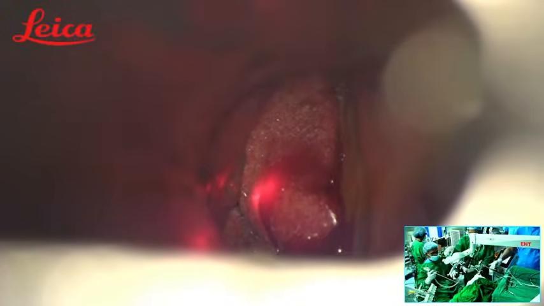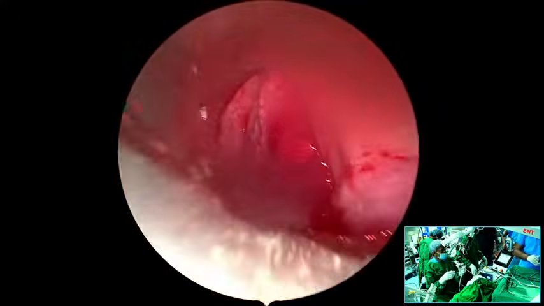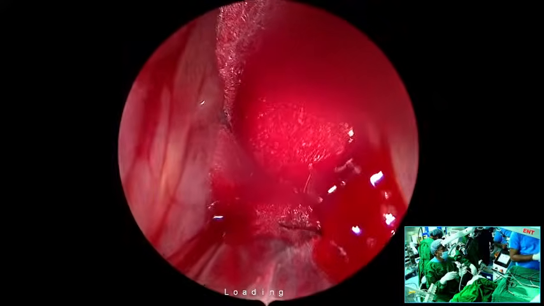In that way you can preserve the inferior border, the inferior surface of the vocal fold mucosa. Same thing here also, try to protect the inferior part and avoid damage to the inferior part of the vocal cord mucosa, because that is the area where the mucosal vibration starts generating.